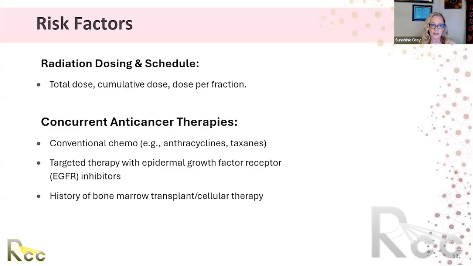Targeted therapies such as epidermal growth factor receptor inhibitors can also increase the risk. And those who have a history of bone marrow transplant or cellular therapy can be at risk, especially if they have any amount of skin GVHD, which is graft versus host disease.